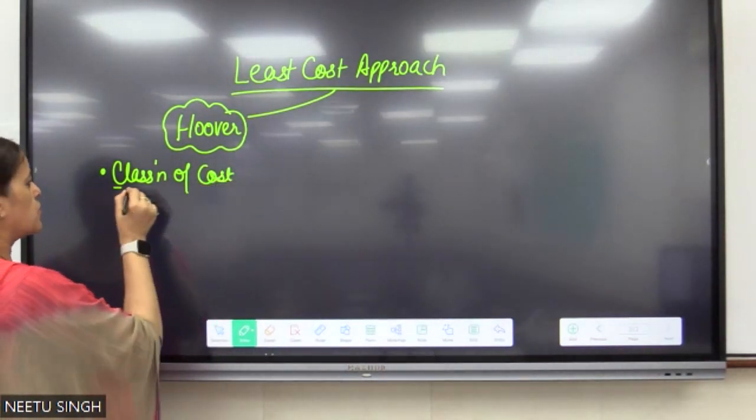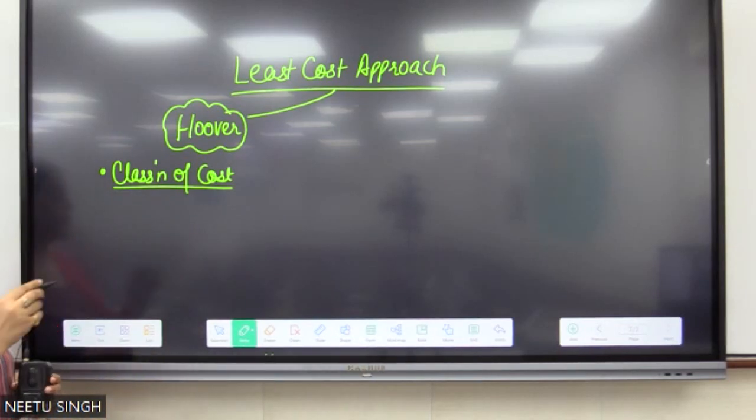It is classification of cost. That is one addition that Hoover has given.